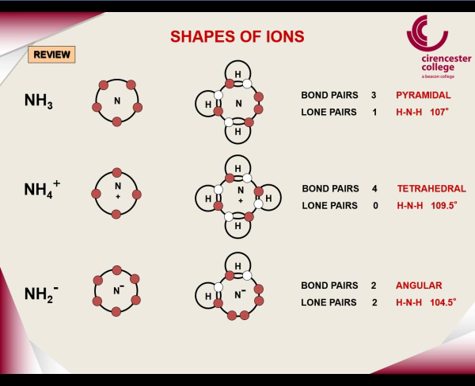Based on 1 lone pair, the angle will be 107 degrees. In the case of ammonium, there are no lone pairs left. We got 4 bond pairs, so the angle will be 109.5 degrees. In the amide ion, NH2-, we got 2 bond pairs and 2 lone pairs. We can call this structure angular or bent, and the bond angle will be around 104.5 degrees.